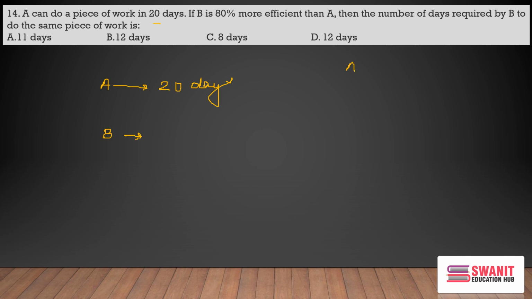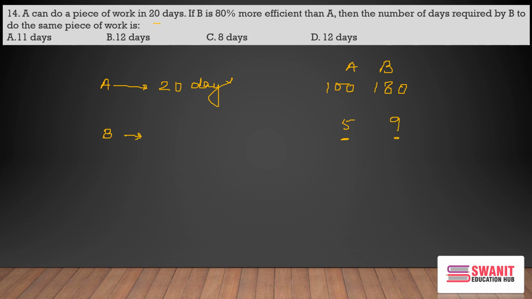That means the ratio of efficiencies for A and B can be termed as 100 and 180, which upon simplification gives me 5 is to 9. That means 5 units of work is done by A and 9 units of work is done by B, let's say in one day.